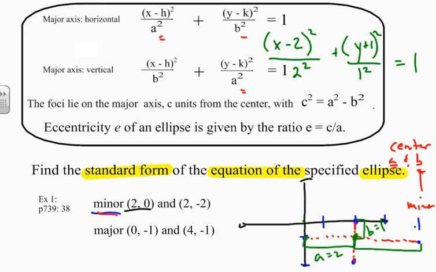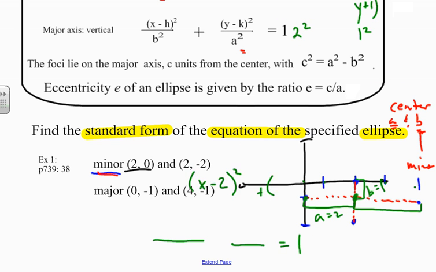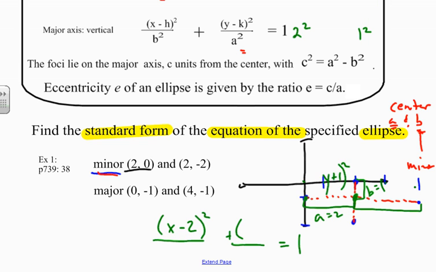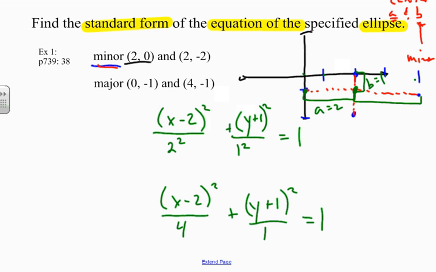I take 1 squared, and with all this information we can simplify, and this is the equation of this ellipse: (x minus 2) squared divided by 4, plus (y plus 1) squared divided by 1 squared, which is 1, equals 1.